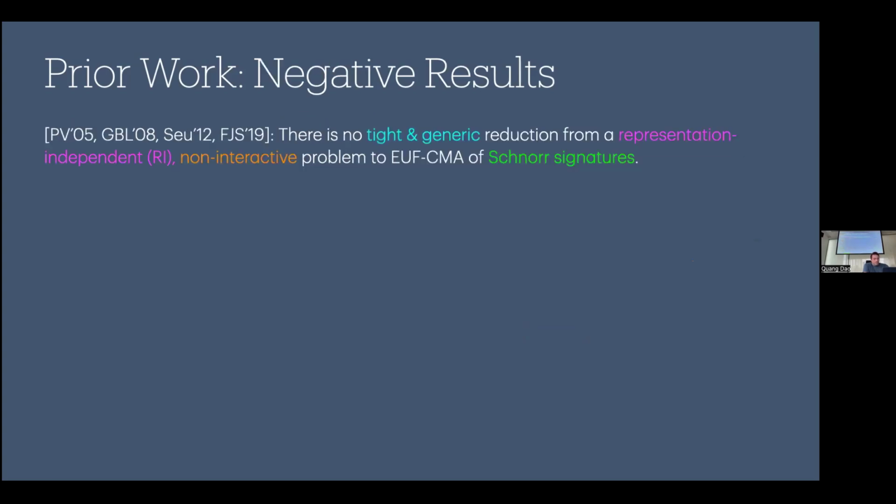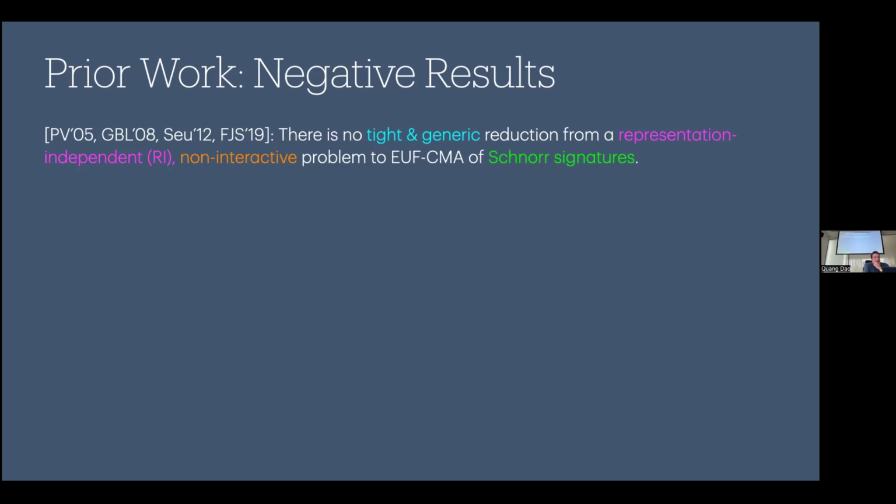Cool. Okay. So interestingly, I don't know how many people know about this, but there's a line of work on negative results for this question as well. This line of work culminated in showing that there's no tight and generic reduction from a representation independent, non-interactive problem to, I think maybe I mixed those.